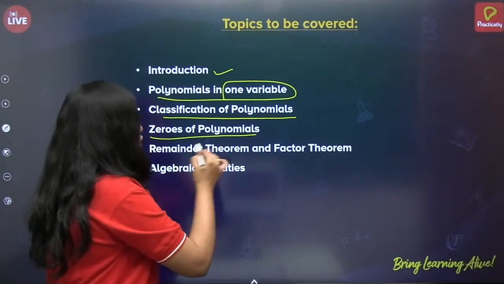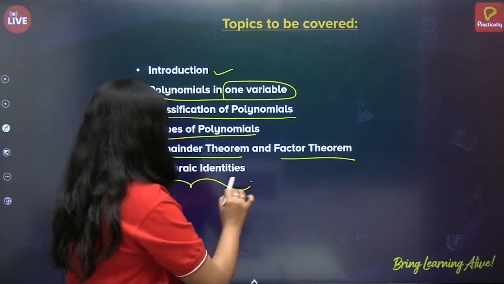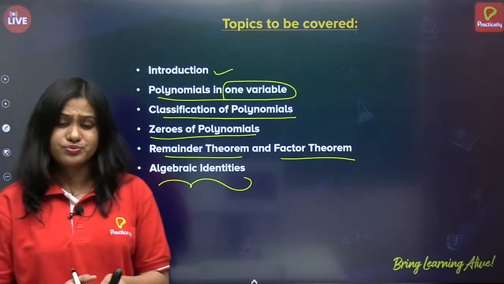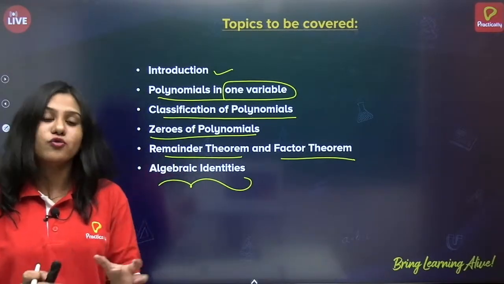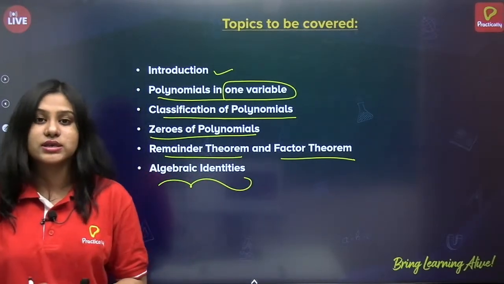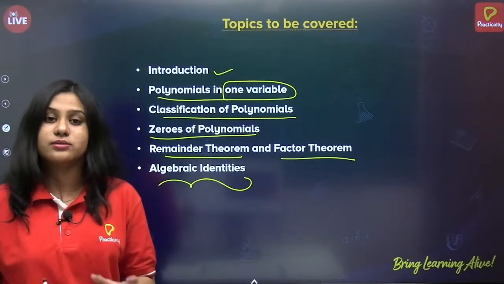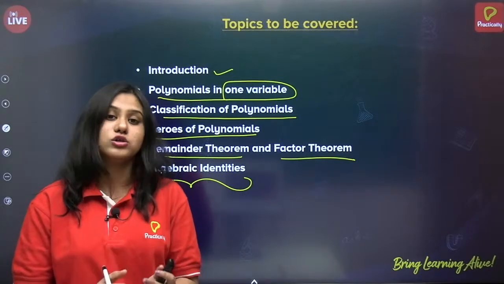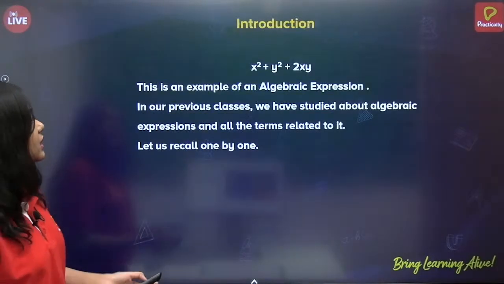Next we will see the remainder theorem and factor theorem, and then the algebraic identities. In the syllabus, the proof of the remainder and factor theorem is removed, so I will not discuss the proof in today's session. We will just see what the remainder theorem and factor theorem say, and the problems on them. All right, let's begin.